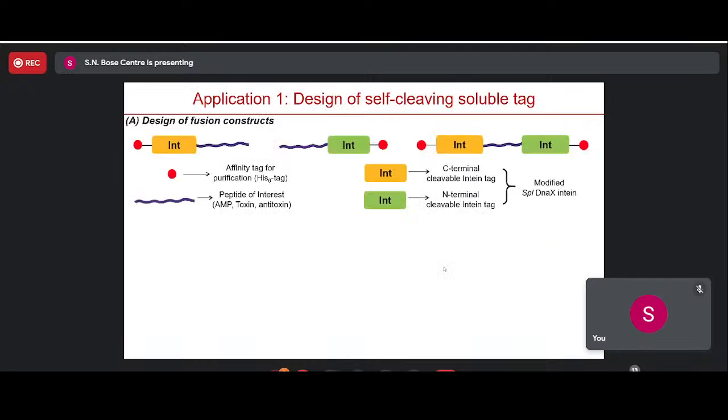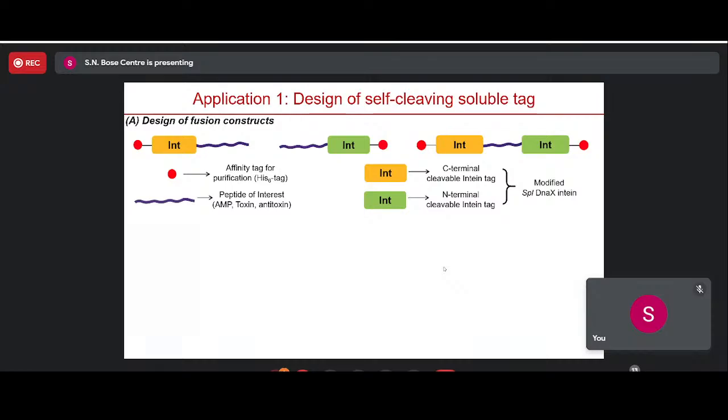So what are those certain things? One is to design this self-cleaving soluble tag. Right. So what we want to do is actually make peptides in bacteria. Okay. So synthesis of peptide is something that is quite costly.